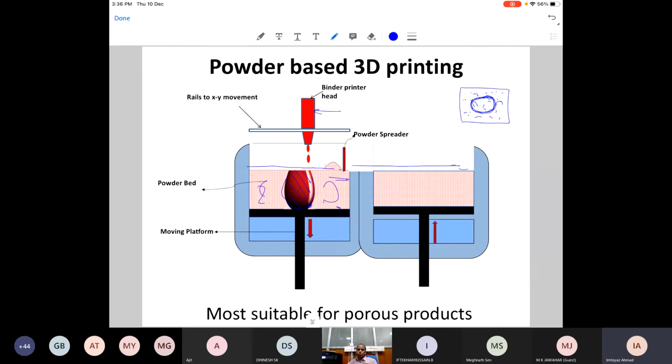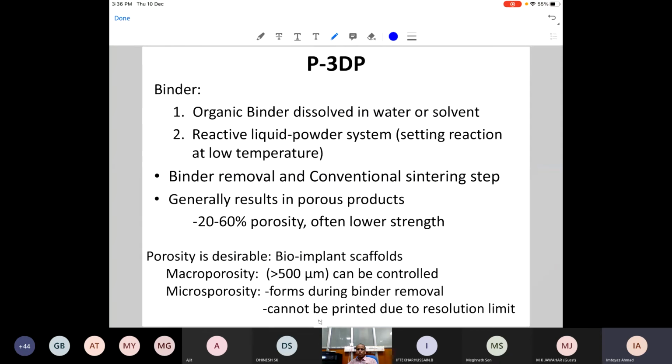Now what you need to do with this product is to sinter it, because it's not very strong. It's just some polymer binder that you have added to the powder. So the first thing is to remove the organic binder and then sinter it. The binder generally used is an organic binder, dissolved in water or some kind of solvent which should not react with the powder.